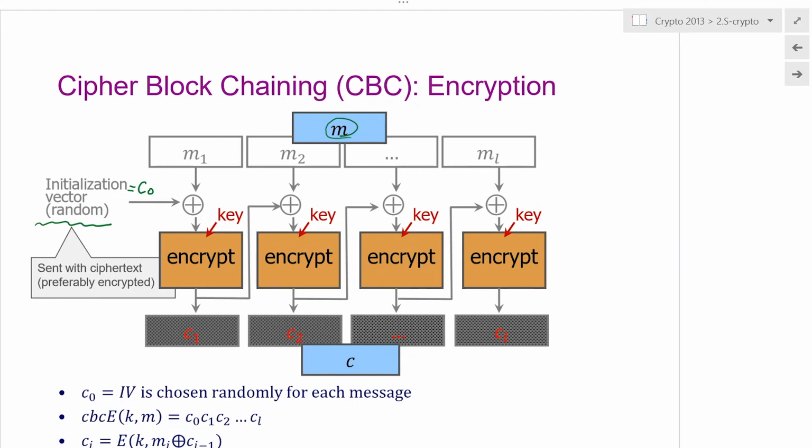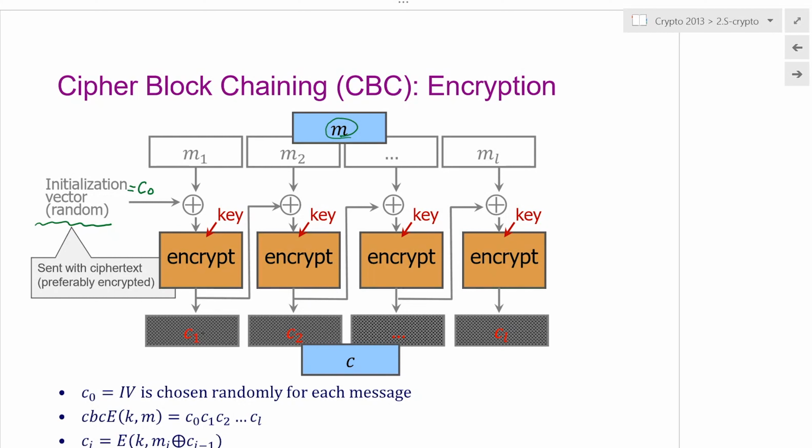If M2 is coming, before we send it to the encryption, we first XOR it with the previous ciphertext that we produced, and then we send that result into the encryption to produce the ciphertext corresponding to this message M2.